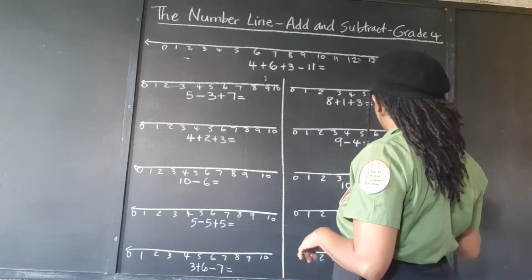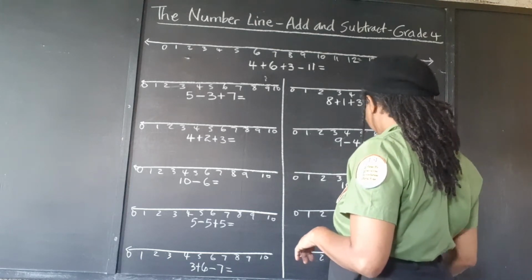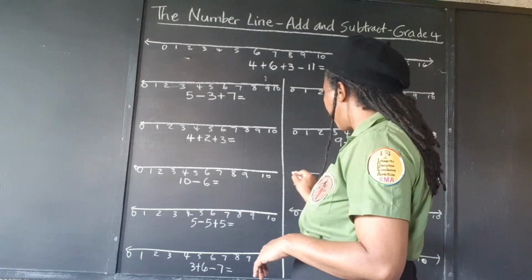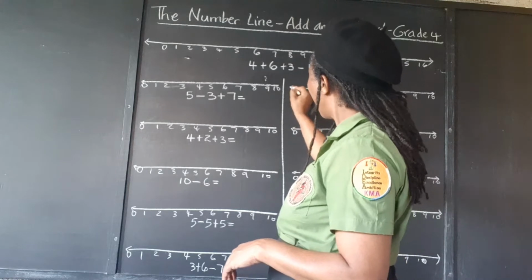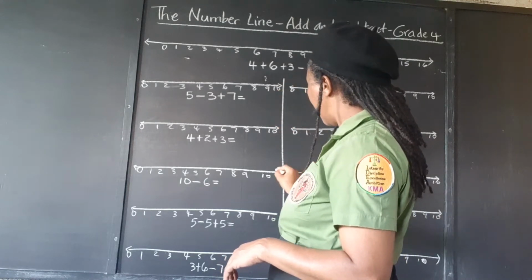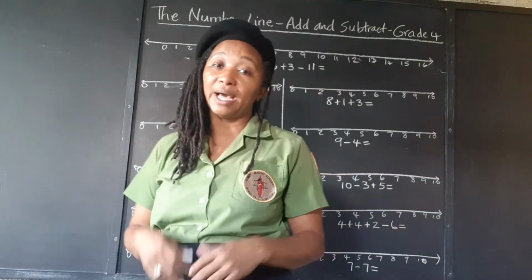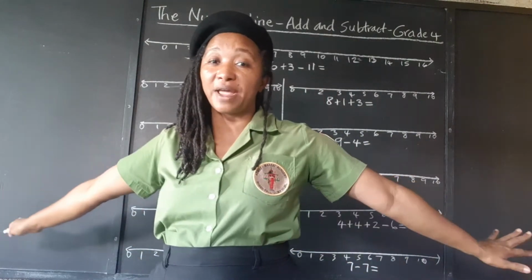So I'm putting in my arrows that I forgot to put in, because the number line always continues in both directions. Putting in my arrows to indicate this goes on and on and on forever.